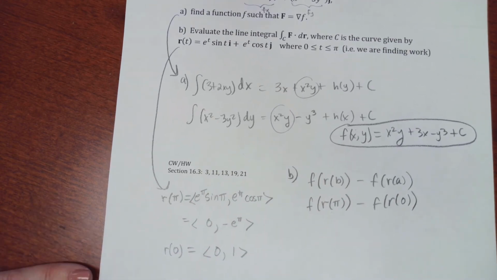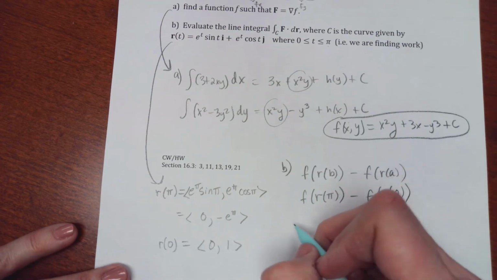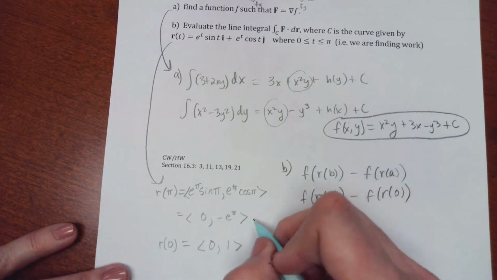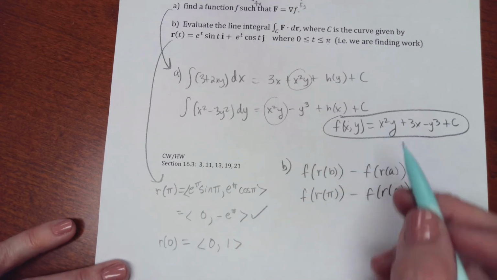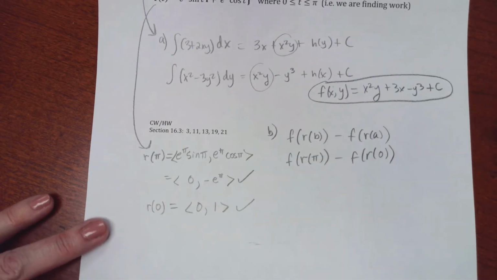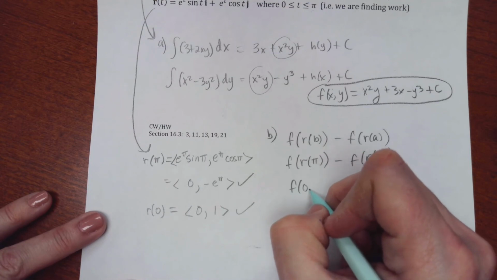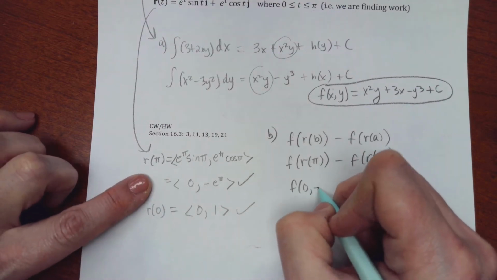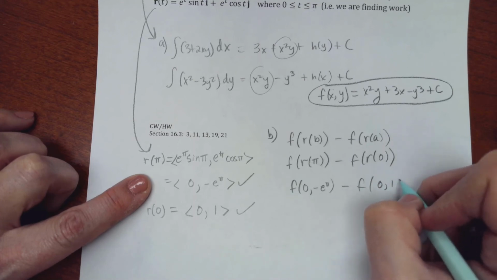So all I have to do is plug R of pi into my function, and then minus plug R of 0 into my function. So I have to do f of 0, negative e to the pi, minus f of 0, 1, right?